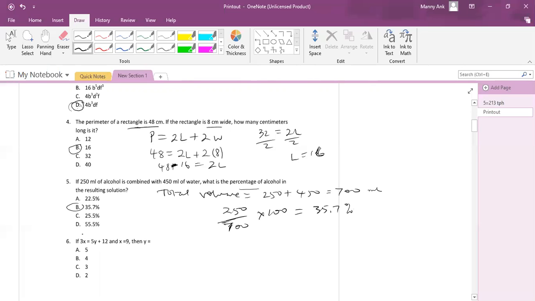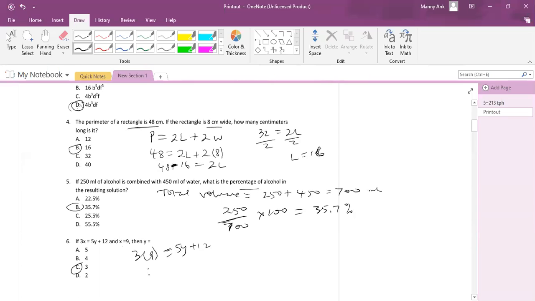Number 6, the answer is 3. You're evaluating this, you're finding y, given that x is equal to 9. So you substitute 9 for x. So 3 times 9 is equal to 5y plus 12.